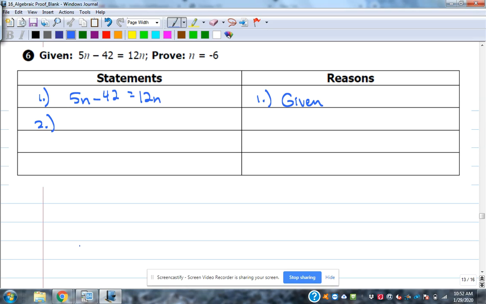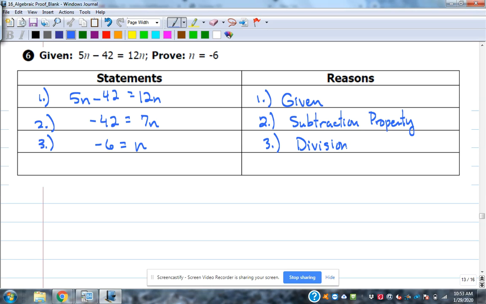So number 2 would be, negative 42 is equal to 7n by subtraction property. And then number 3 should be, negative 6 is equal to n, division.